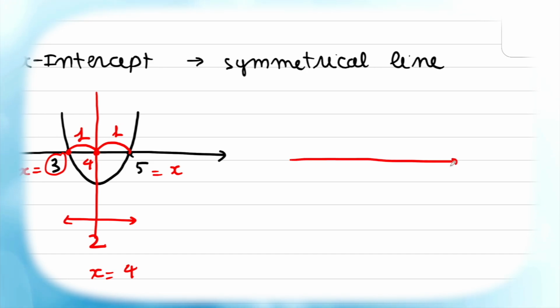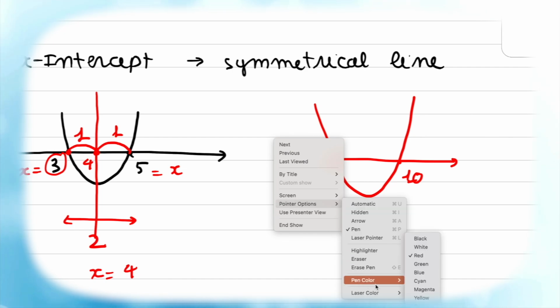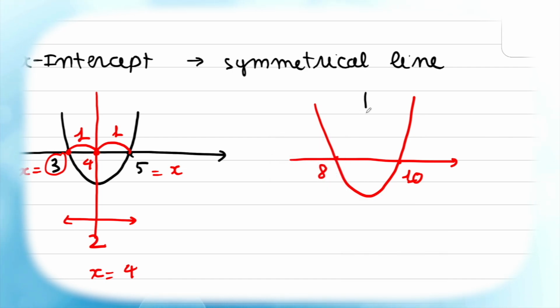Another example, I give you the parabola here. The x-intercepts of this one will be 8 and 10. About the symmetrical line, we divide this parabola into two parts. The left-hand side is 8 and the right-hand side is 10. So what is the midpoint between them? I want to figure out the point here.